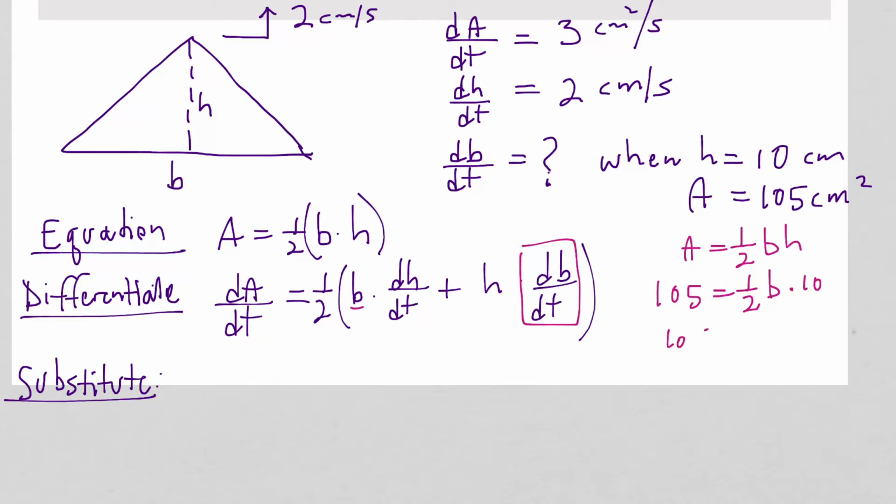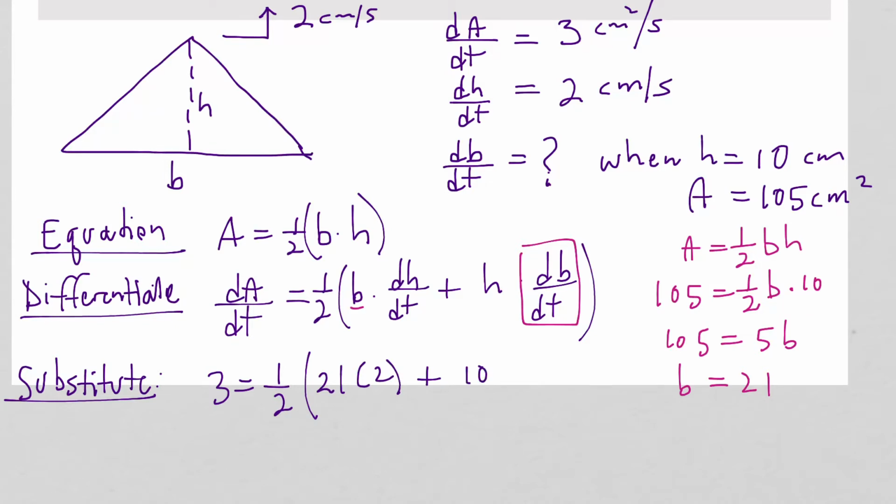So 105 is equal to 5b, which means b must be 21. All right, so now we have everything. dA/dt is 3. B is 21. dH/dt is 2. H is 10. And dB/dt we need.